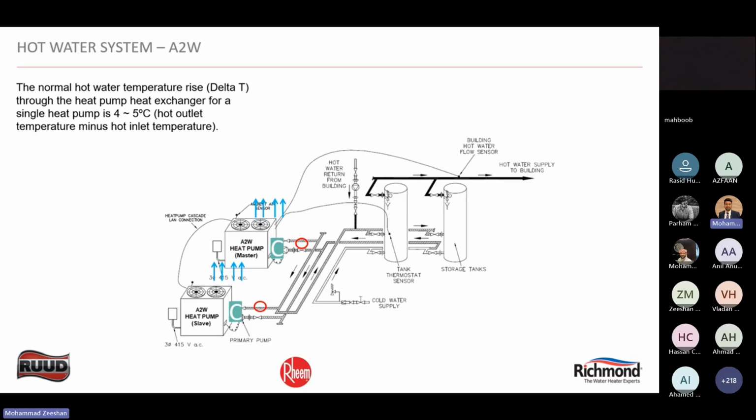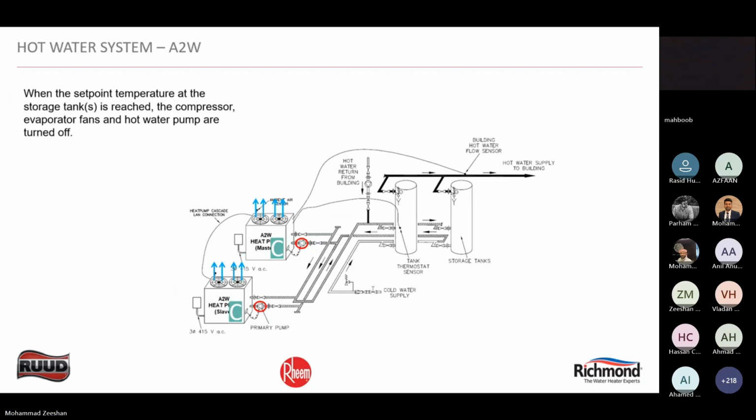For a single pass of the water through the heat pumps, the delta T, or the rise in the temperature, is about 5 to 7 degrees, depending on the ambient conditions. So in this way, the temperature gradually increases in the tank, and that's how the heat pump operation works.